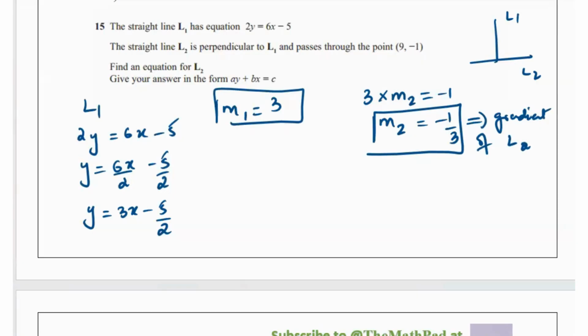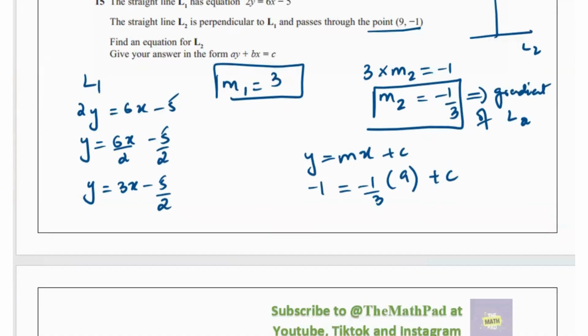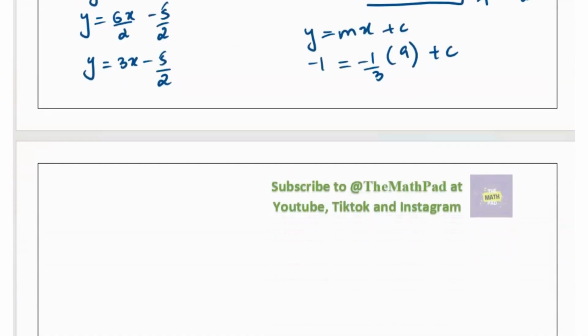Now, L2 is passing through the point 9, negative 1. We have to find the equation. So y equals mx plus c. y is negative 1, m is negative 1 over 3, and x is 9. Let's solve this to find the value of c. So negative 1 equals negative 3 plus c.